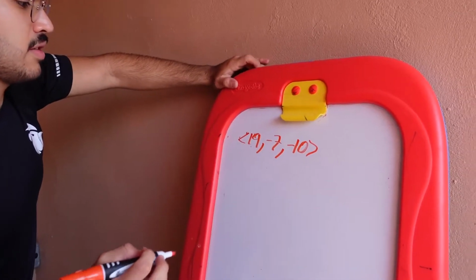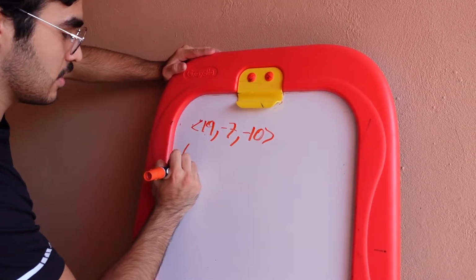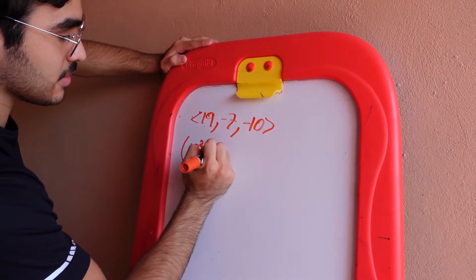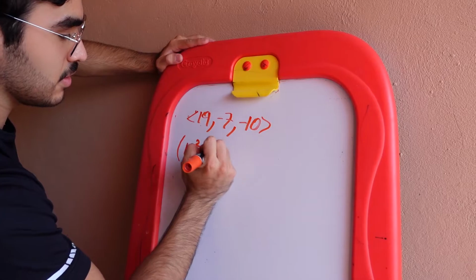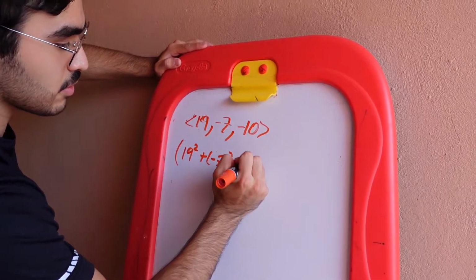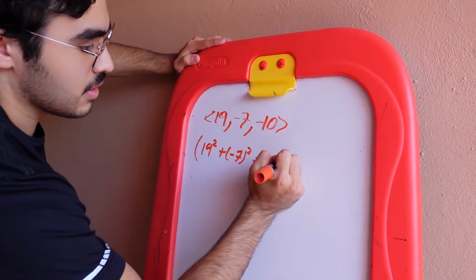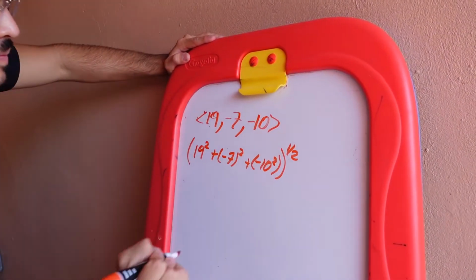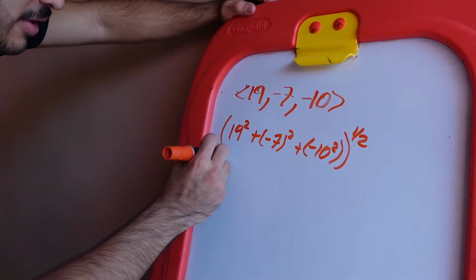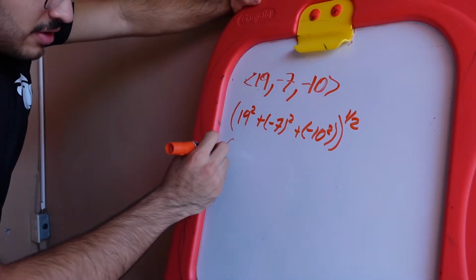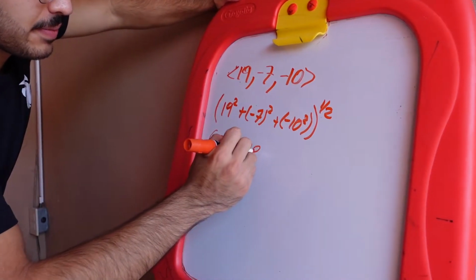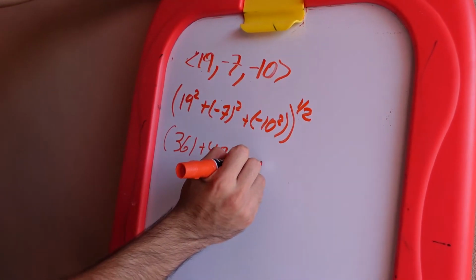So to find the magnitude, you only have to take the square of 19 plus the square of -7 plus the square of -10 and take a square root. So it will be the square root of 361 plus 49 plus 100.